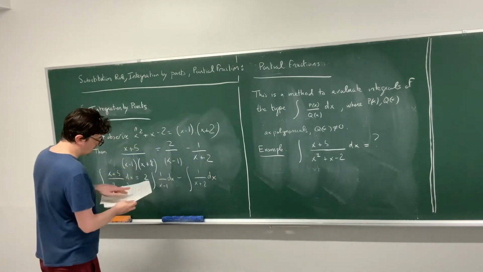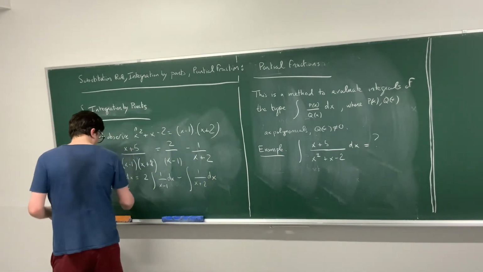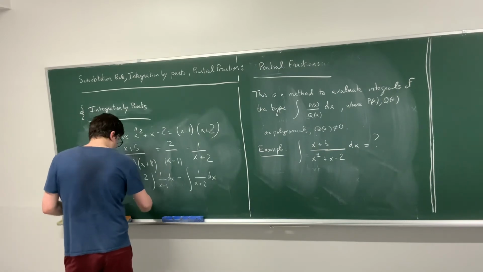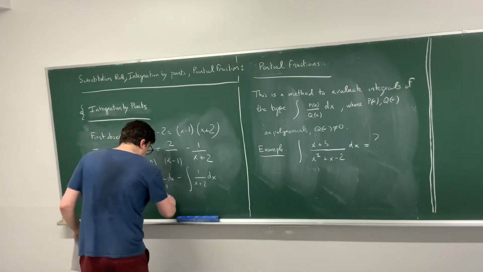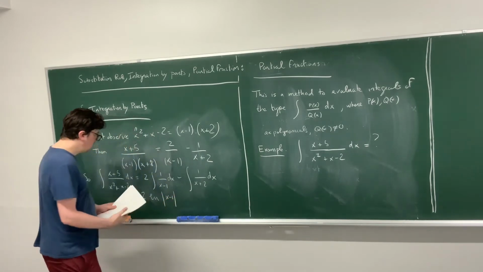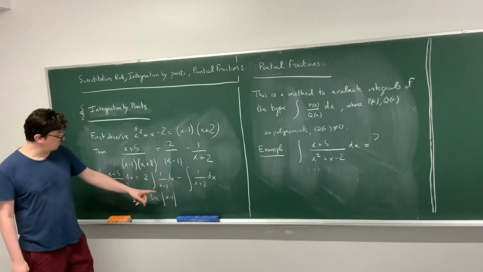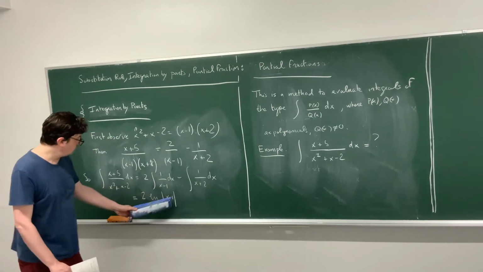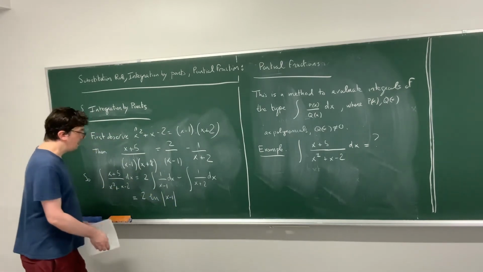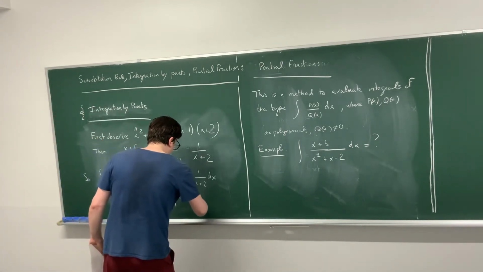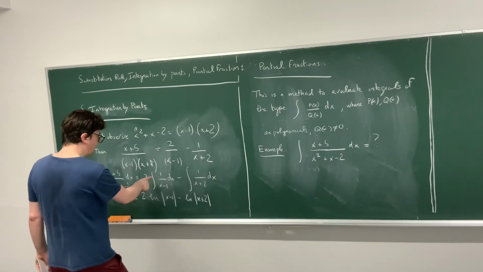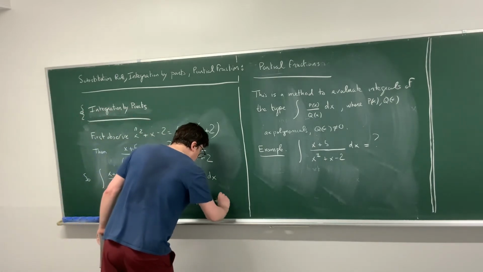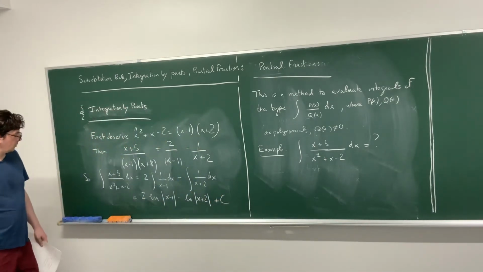And this is extremely easy to calculate: it is just 2 times the logarithm of the absolute value of x minus 1. Be careful, most people always forget the absolute value. Don't forget the absolute value. And minus the logarithm of the absolute value of x plus 2. And since this is an indefinite integral, you need a constant, right? There will always be a constant.